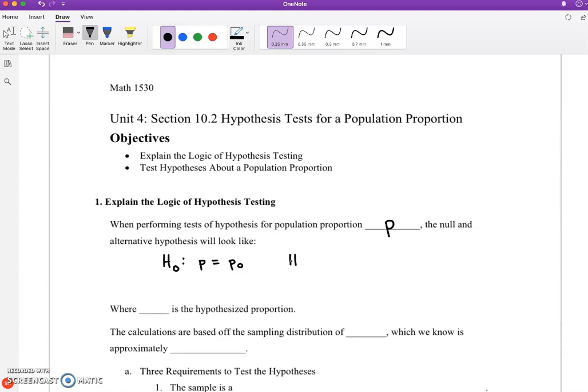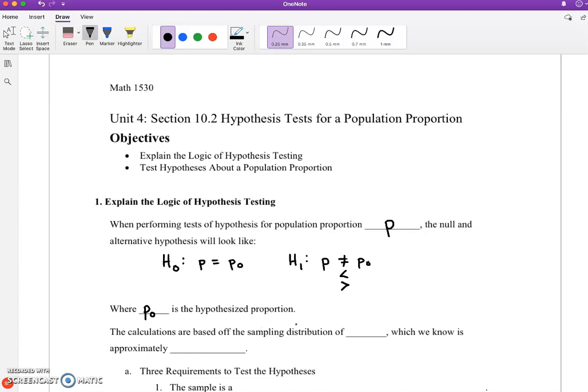And the alternative hypothesis is P, and remember we have three options, either not equal, less than, or greater than P sub 0. And P sub 0 is the hypothesized proportion. So that's the number we're testing that comes from the problem.